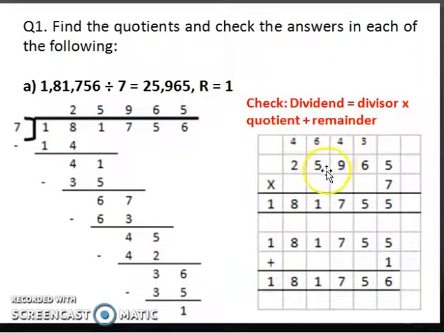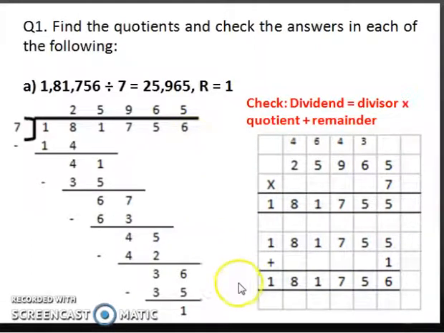So here I have written the quotient, I have written the divisor and I have multiplied. I received this answer. To the answer so received, I will add the remainder and I will get an answer. Children, this answer should be equal to my dividend.